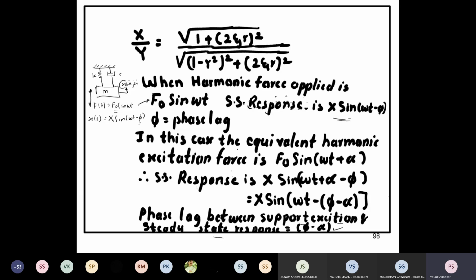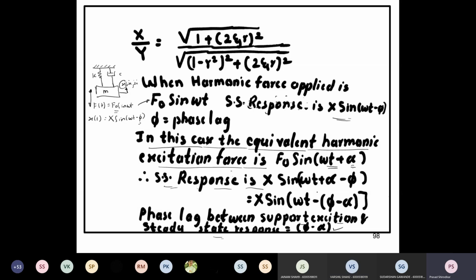Now here, in this case, the equivalent harmonic excitation force is what? F0 sine omega t plus this alpha term. Is that clear? Yes, sir.